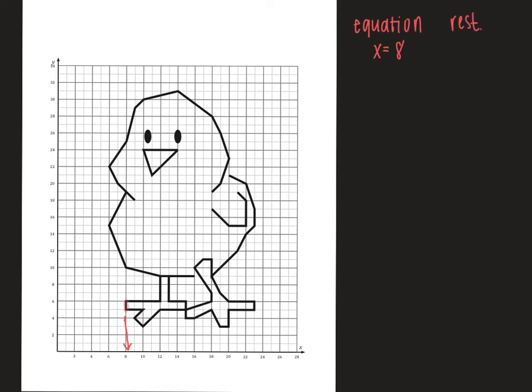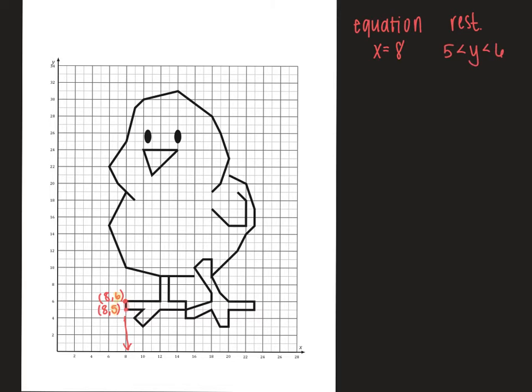So I want to look at the y values. And if you just write down your ordered pairs, so this is actually 8, 5, and this point here is 8, 6. If I'm focusing on my y values, this can go from 5 to 6. And so that's actually how you can get your restriction really easily.